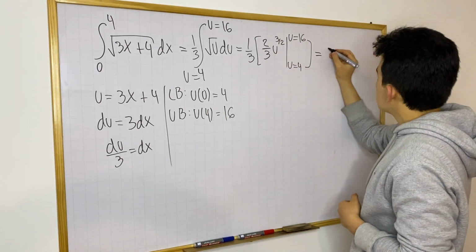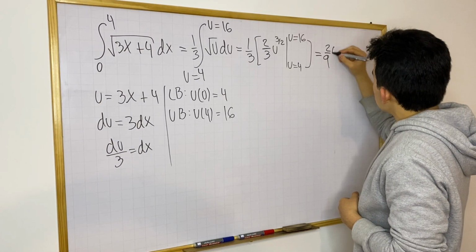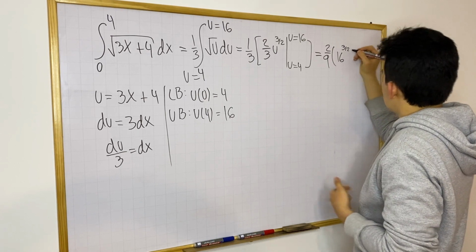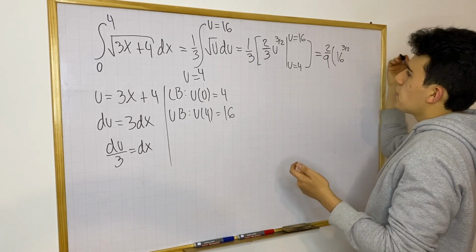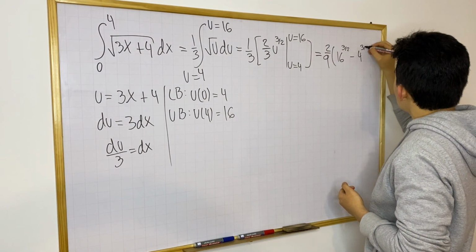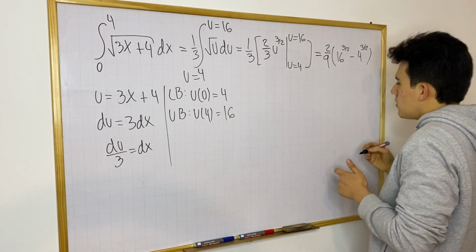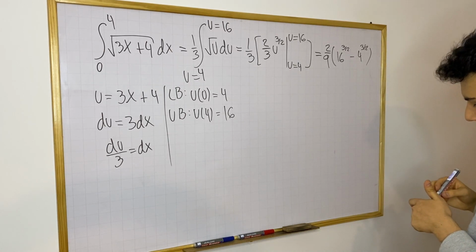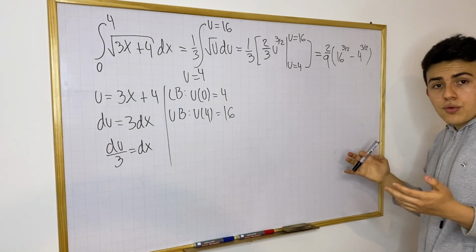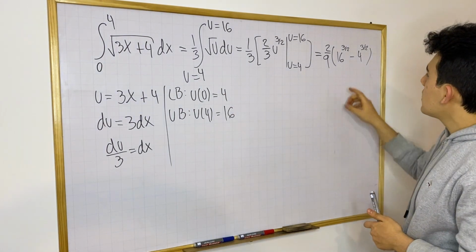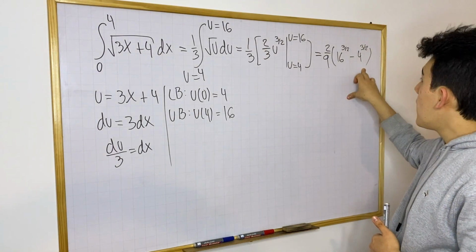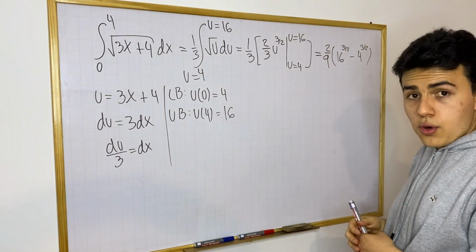So this is going to be 2 divided by 9 times 16 to the 3 over 2 power, minus 4 to the 3 over 2, okay? Now how can we simplify this? Remember, these exponents are just going to be 3 times 1 over 2, which means that this is also the square root of 16 and the square root of 4, and then that's to the 3rd power.